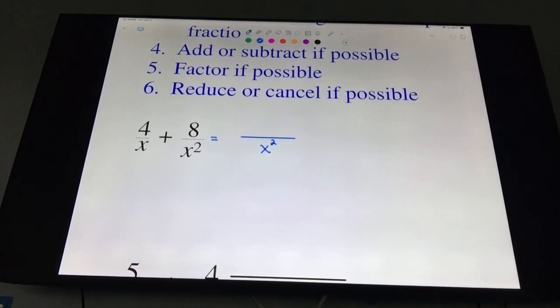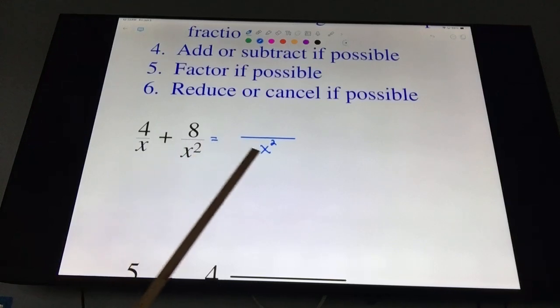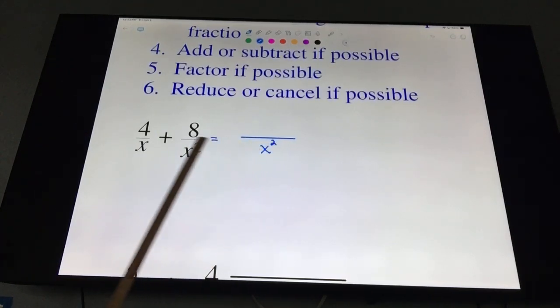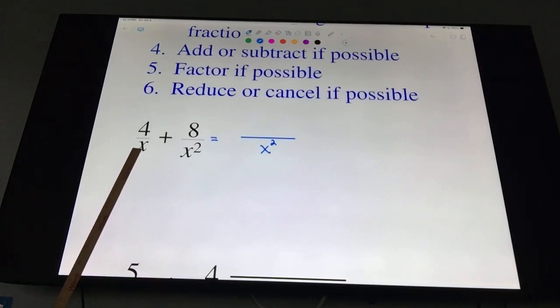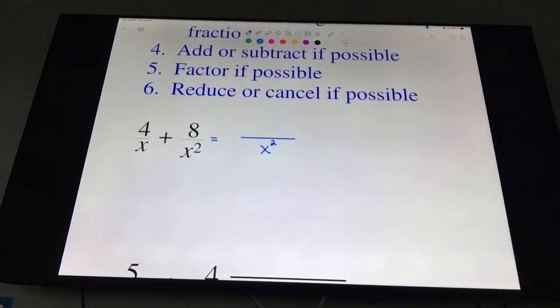And this is where we play a little compare game, okay? Now I compare. This denominator right here, x, needs to look like this denominator, x squared. So what would x need to be multiplied by to be x squared? Just another x.